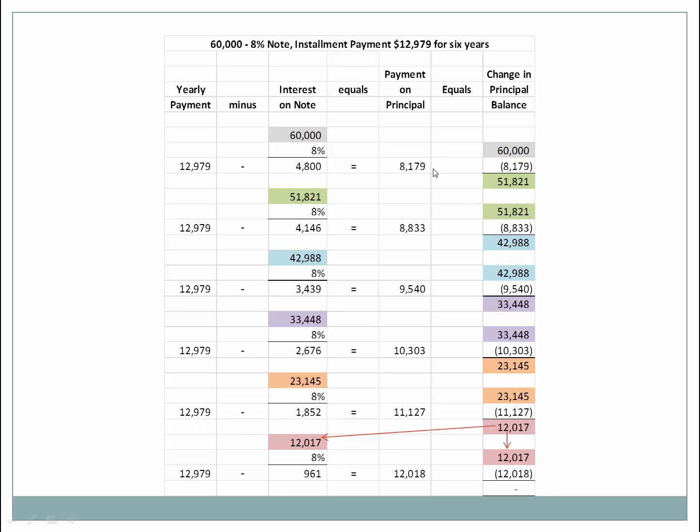So now we can see that we pay more in interest in the earlier years and more on principal in the later years. Oftentimes people will pay their regular payment of $12,979 and will send an additional check saying that they want to pay down on principal only.